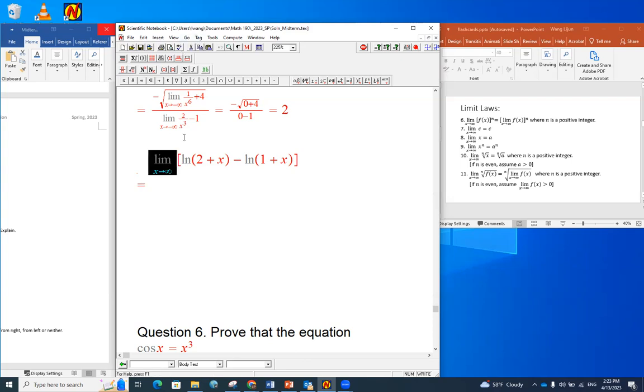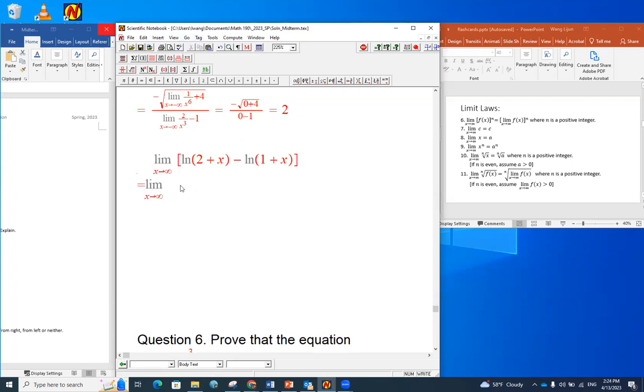Well, we're just going to do some algebraic manipulation. ln, this is applying quotient rule. So ln of 2 plus x divided by 1 plus x. Quotient rule of logarithm: ln a divided by b, where a is positive, b is positive, is ln a minus ln b.